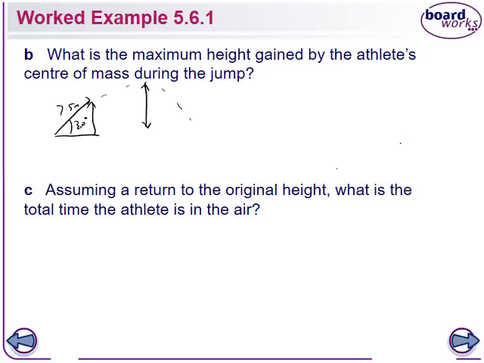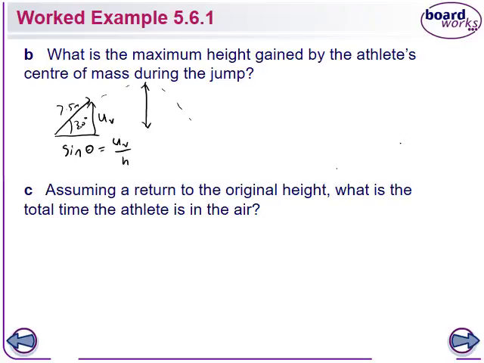So if you're looking at maximum height, the key to this is you don't actually need to worry about the horizontal component at all. This is why it's essential to break this into its two components. So I'll show you what I mean. This, remember, is UV. And so if we work this out, sine theta equals UV on h.